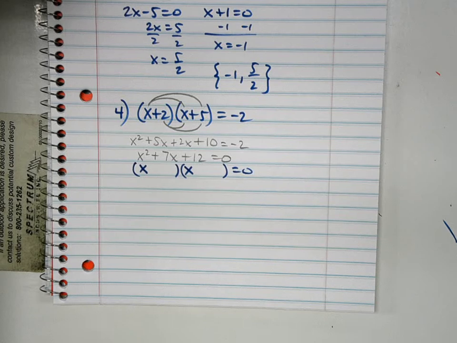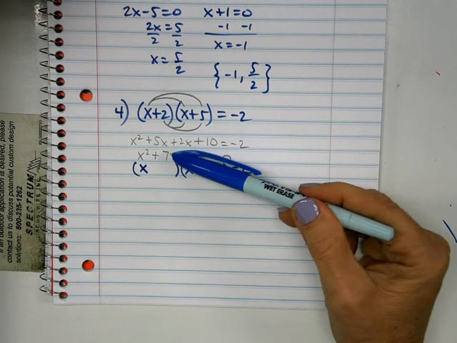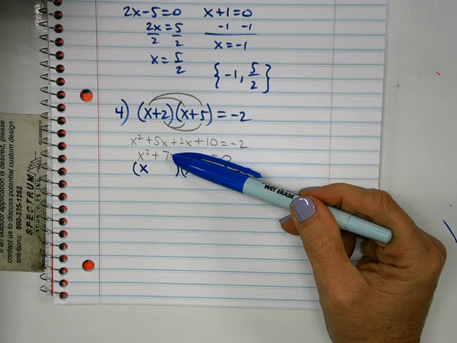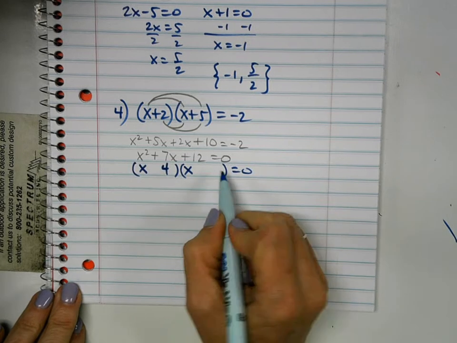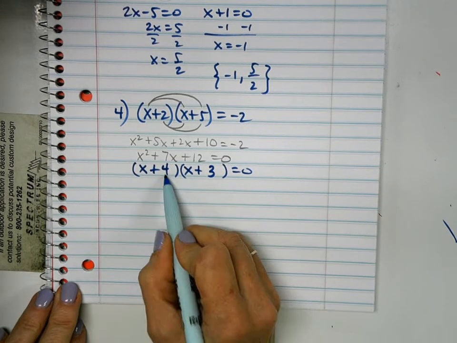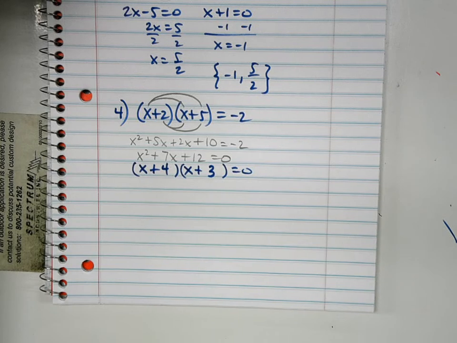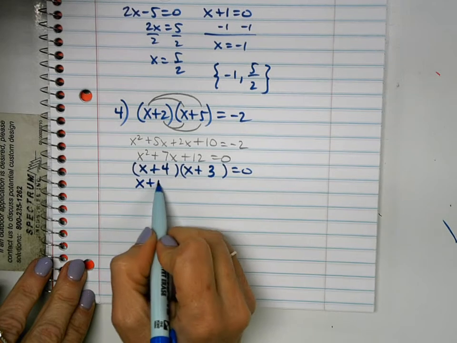Then it's 2 factors of positive 12 that add to positive 7. You think of 2 factors of 12 that add to 7, Nick? 4 and 3. Okay, and since everything was positive, these are both going to be positive as well, right? Positive 4x, positive 3x. Yeah, that gives me positive 7x. That's beautiful. Okay, and then I can set each of these equal to 0 using the zero product rule.